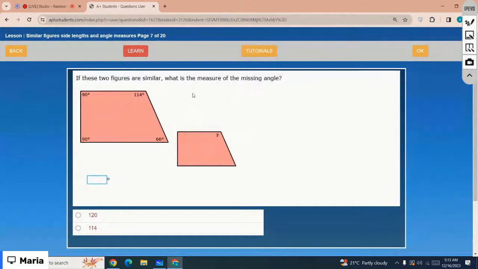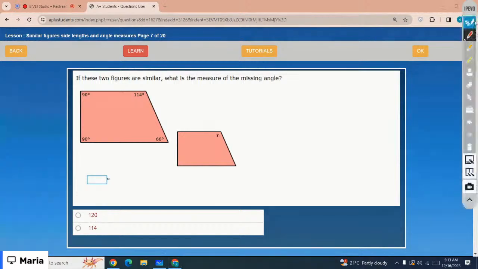If these two figures are similar, what is the measure of the missing angle? For the other one you were asking, you need to flip the image to make them similar. But if you see they both exactly look similar, you don't need to rotate anyone. So this angle corresponds to this angle, this one corresponds to the missing angle, and this one corresponds to this one.